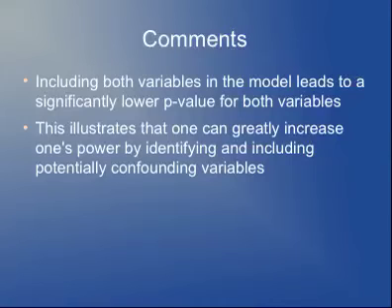Once again, though, don't just mindlessly stick all your variables in the model, because if there's collinearity and you're not getting additional information from the variable, then you'll do worse rather than better. But if there really is some sort of confounding going on and you take that into account, then you can do better rather than worse.